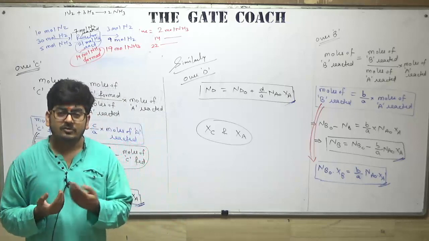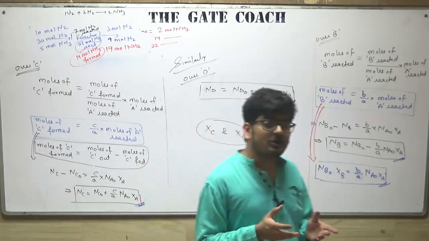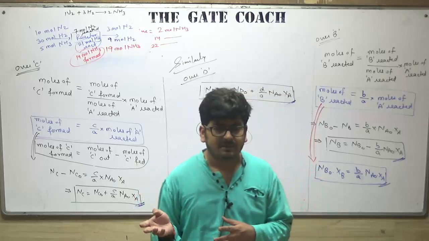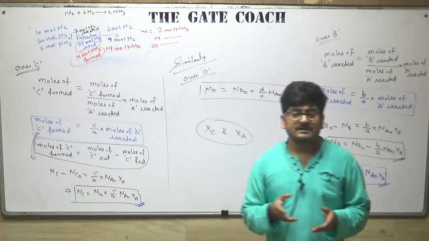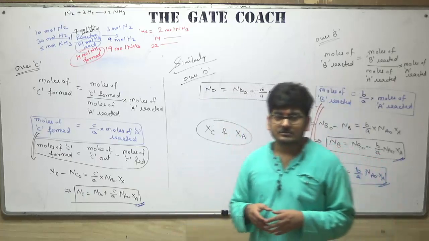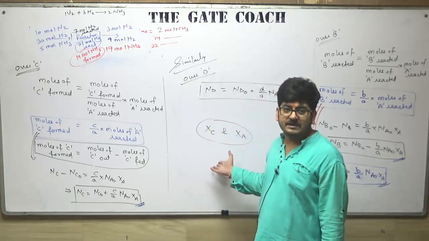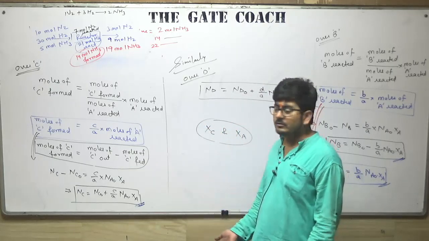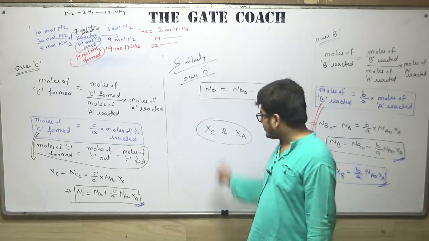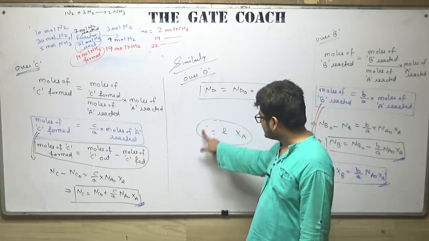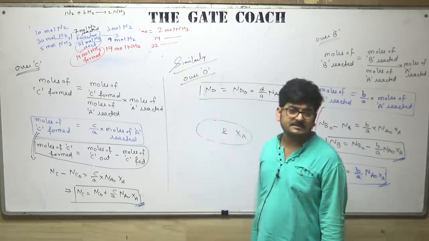Now if I talk about XC, XC will mean the fractional amount of C that will react. But C is the product, and conversion is defined for the reactants. So we cannot define XC, and when we cannot define XC, how can we find the relation between these two? There will not be any relation, because this thing will not exist, at least for the given case.